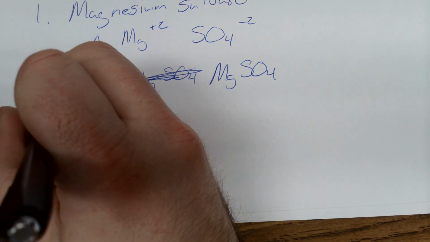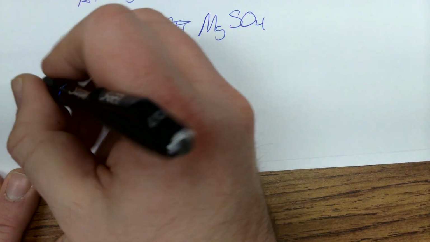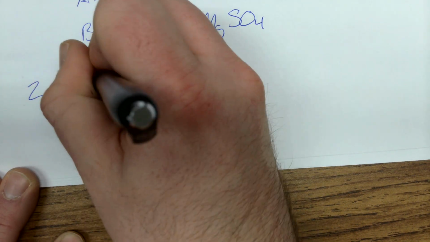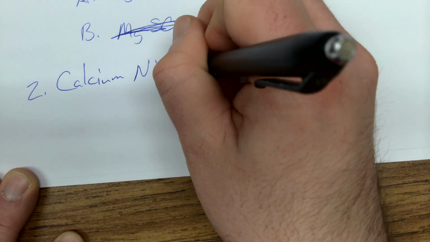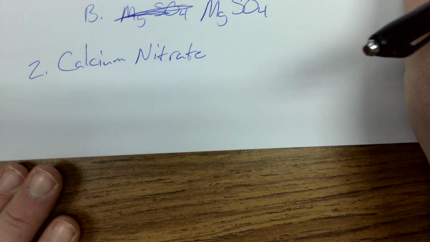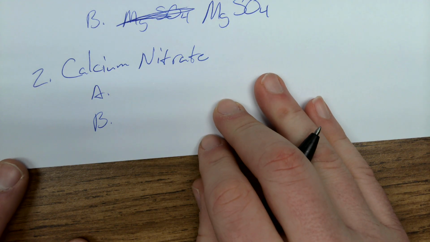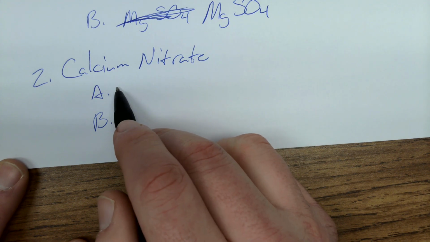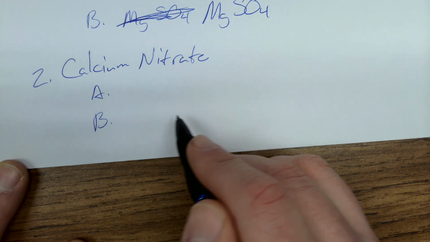Let's look at number 2. Number 2 is calcium nitrate. I want you to write out your ions, your cation and anion, on your piece of paper, and I want you to write the formula down.